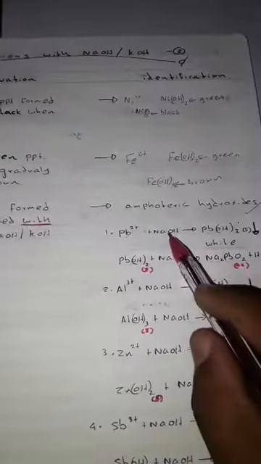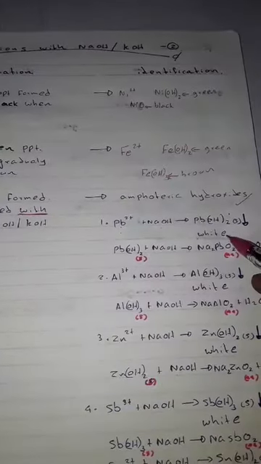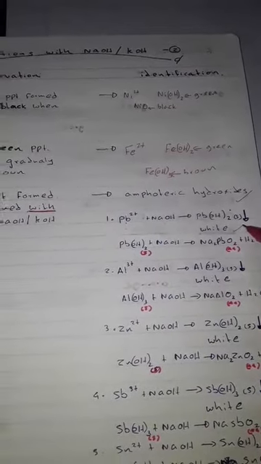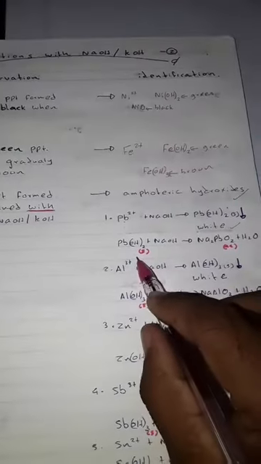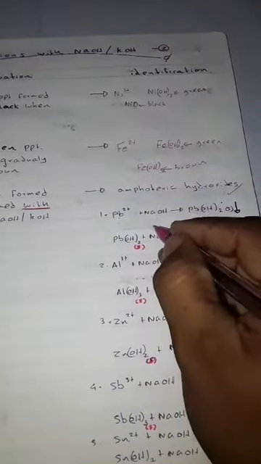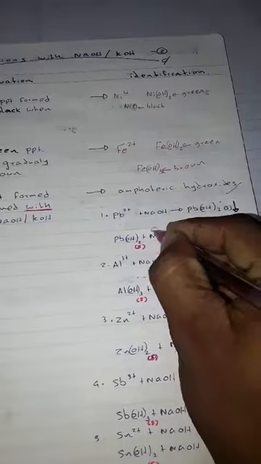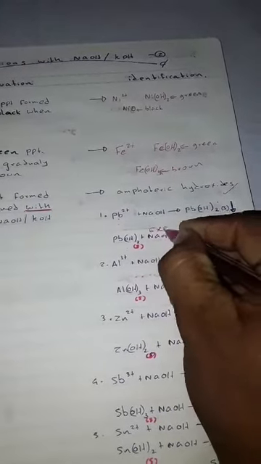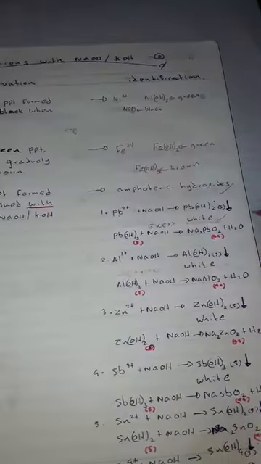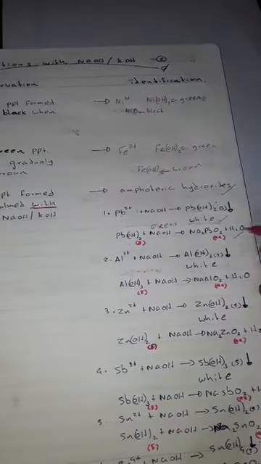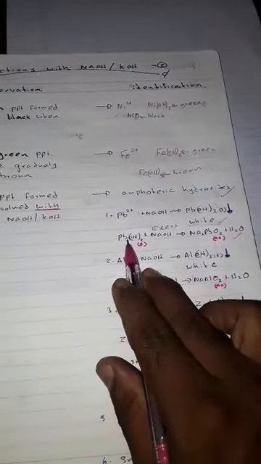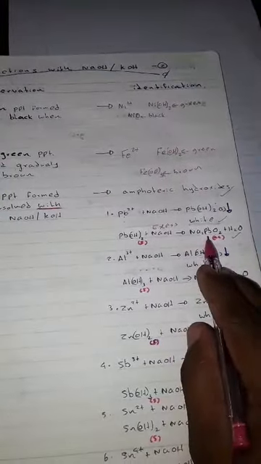It reacts with sodium hydroxide and makes a white precipitate. That white precipitate reacts with excess sodium hydroxide and dissolves like this, to make Na2PbO2.